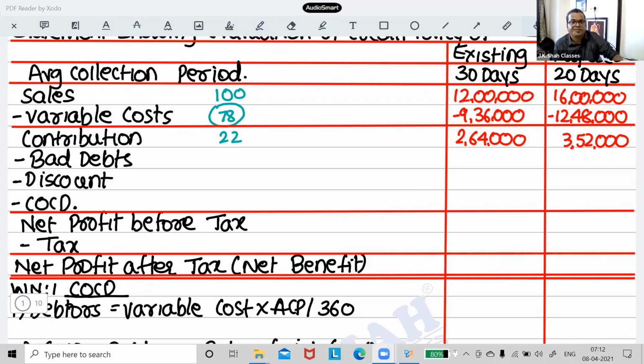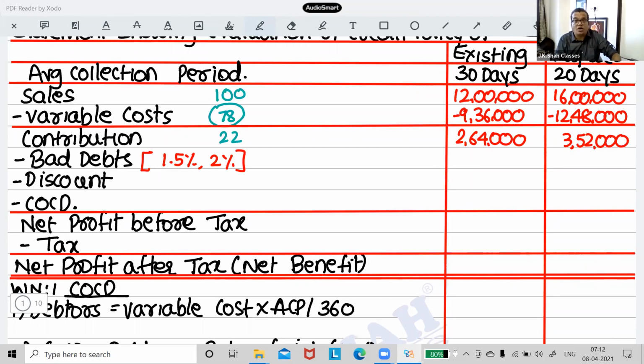Then what is told about bad debts? We'll write both percentages. The current bad debt loss is 1.5%, and the new is supposed to be how much? I think 2%, right? It will increase to 2%.